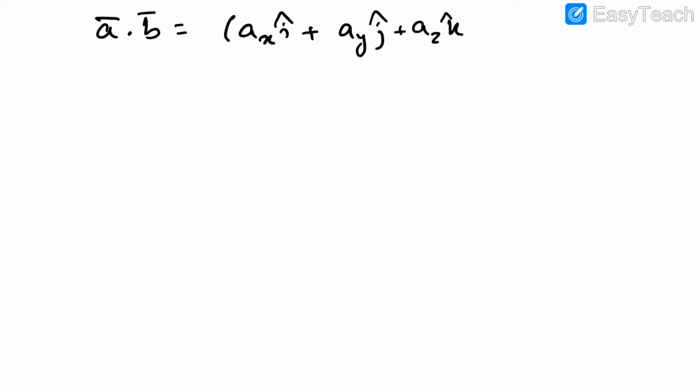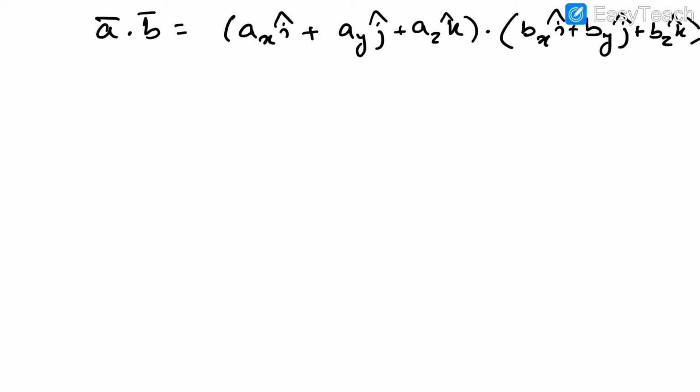Okay, so now we already have that. In Cartesian terms, we multiplied a vector dot b vector, right? If it is axi plus ayj plus azk, 3 components, 3 unit vectors dotted with bxi plus byj plus bzk.